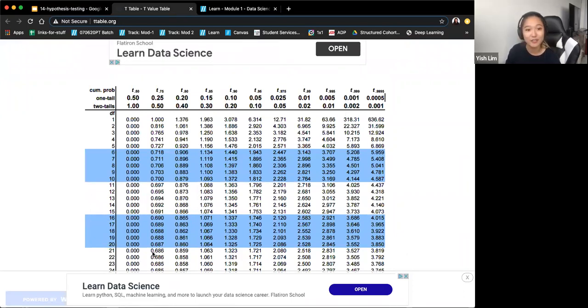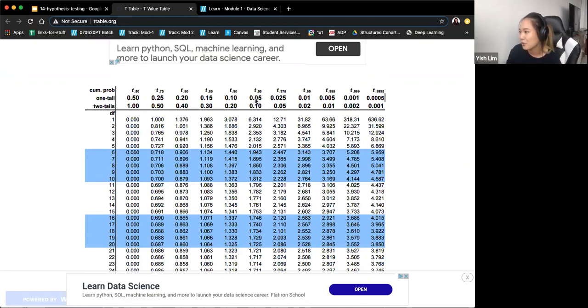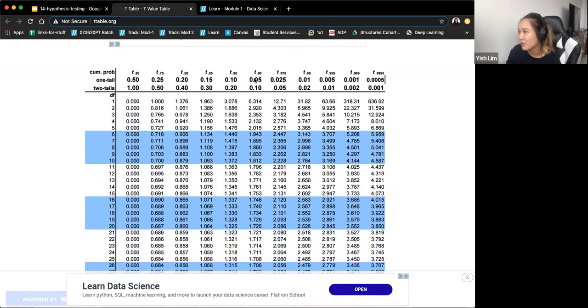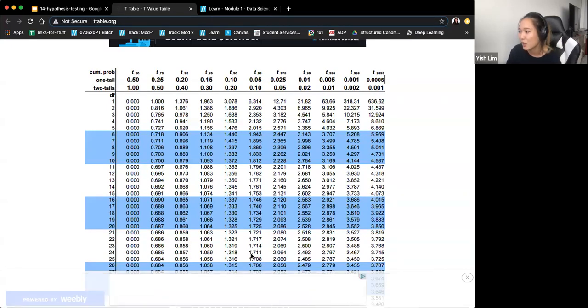You look up our alpha, which was 0.05, and make sure you're looking at the correct one. In this case, we're doing a one-tailed test, not a two-tailed test. So with one-tailed alpha 0.05 and degrees of freedom 24, our critical t-value is 1.711.